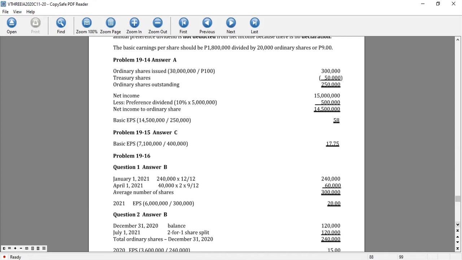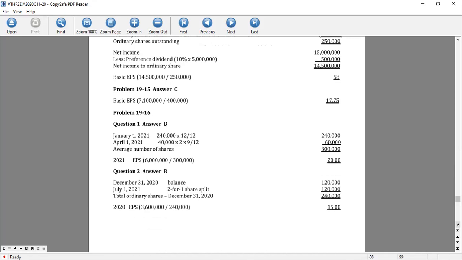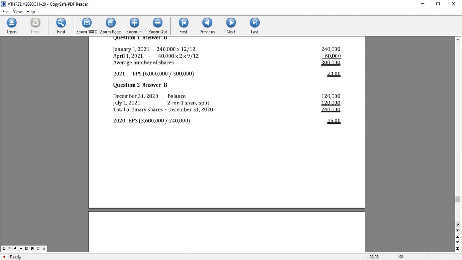So we have now the total of ordinary shares on December 31, 2020 of 240,000. So in the 2020 year, the EPS is net income of 3,600,000 divided by 240,000 shares. So we have now your earnings per share equal to 15.